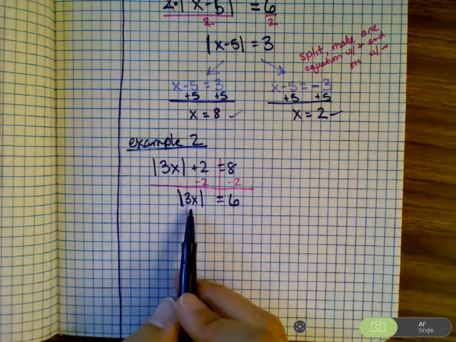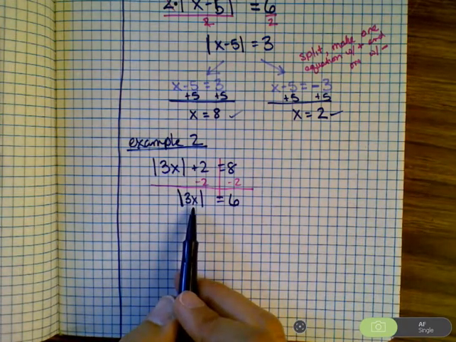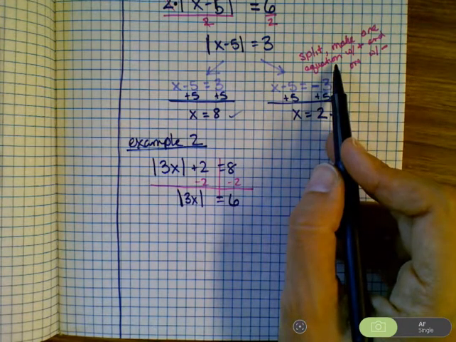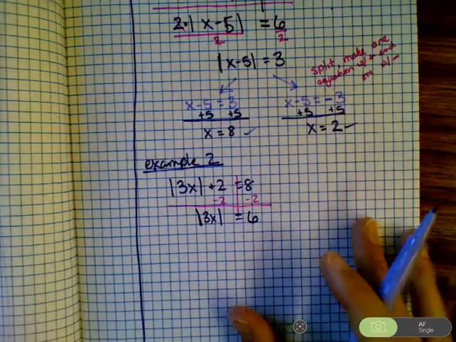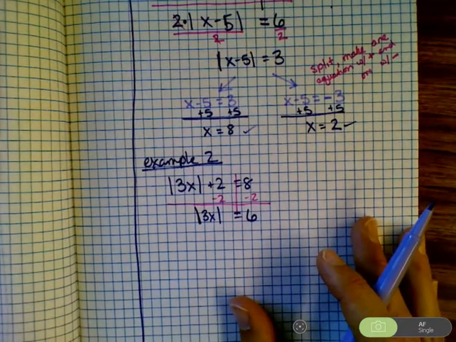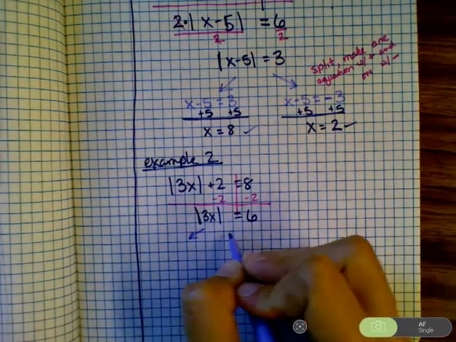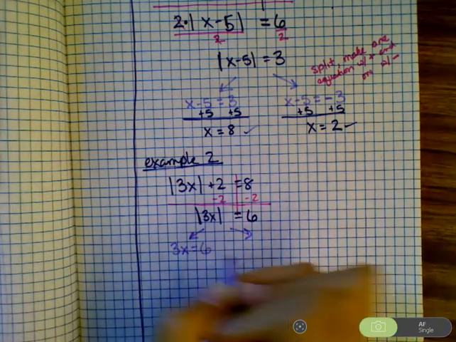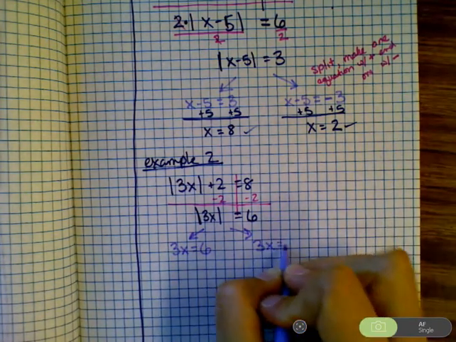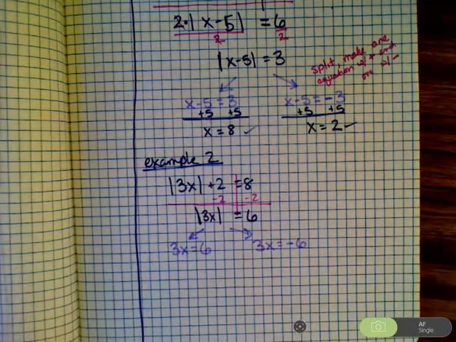We're already up to that absolute value step now. So this is when we're going to do the splitting like we did up above. When we split this, we split it into 3x equals positive 6 and 3x equals negative 6.